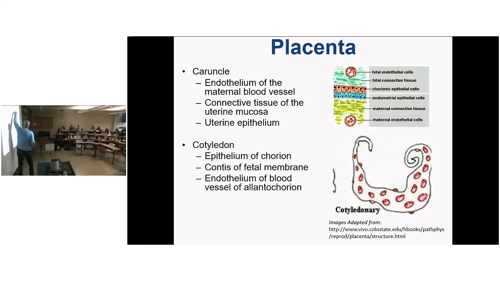So depending on how these barriers happen, this is how you're going to have a more intimate or a more superficial connection between the mother and the baby.